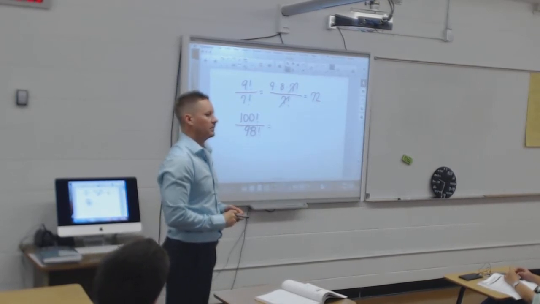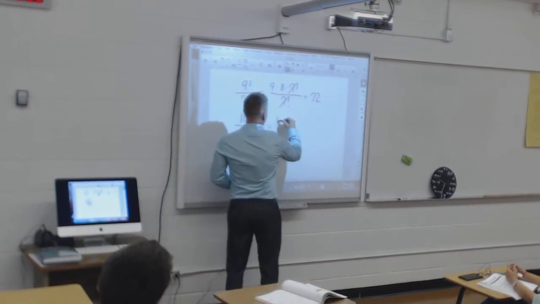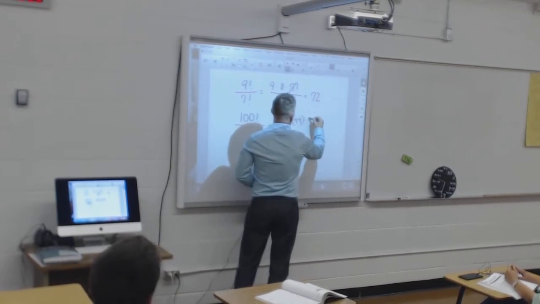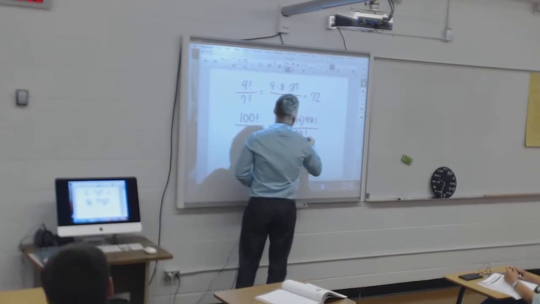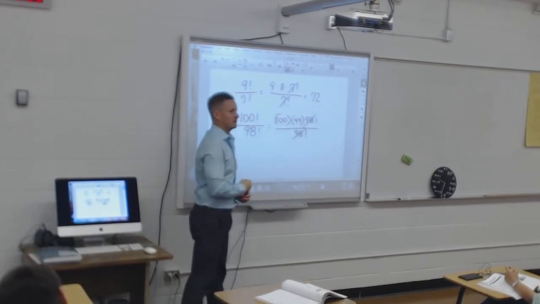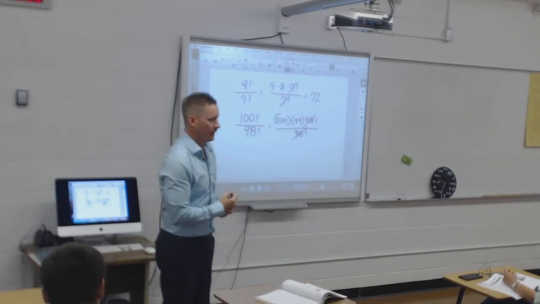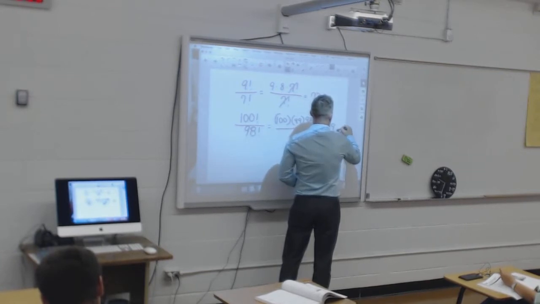This is 100 times 99, right? Times 98 factorial over 98 factorial. Those cancel, right? What am I left with? 100 times 99, which is 9900. So you can do this simply without using the calculator.